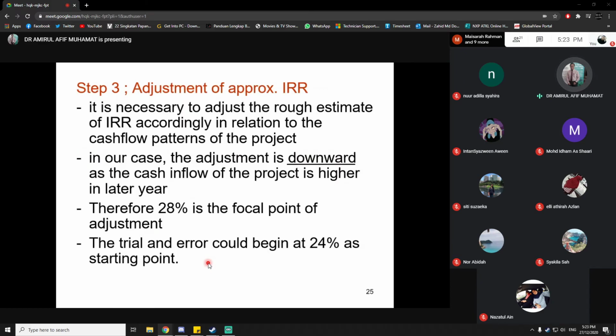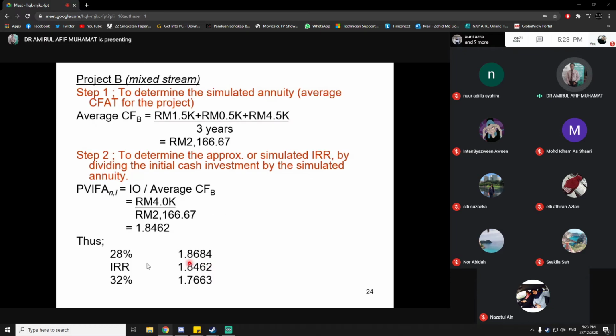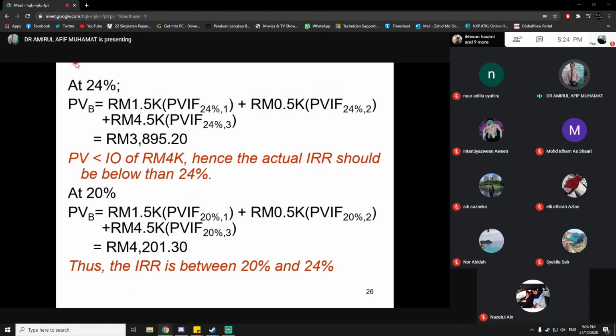And then you need to do the adjustment. That's why I said this is slightly challenging, because you need to do trial and error. You do the trial and error between 24% to 32% to find it. Let's say you are using 24%. Find the present value again. So this is the income, 1,500.